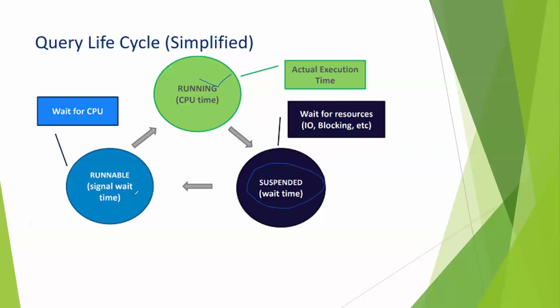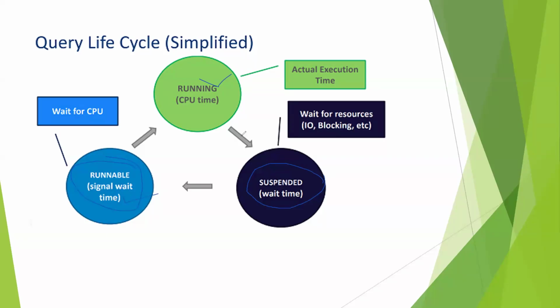If the query has all the resources it requires and is waiting for the CPU to be available, then when no threads are currently running on the CPU, it will be in the runnable queue. I told you about signal wait time.